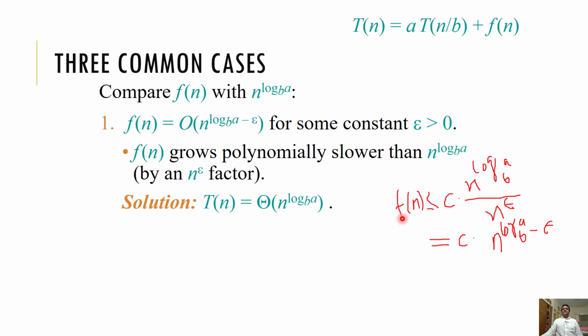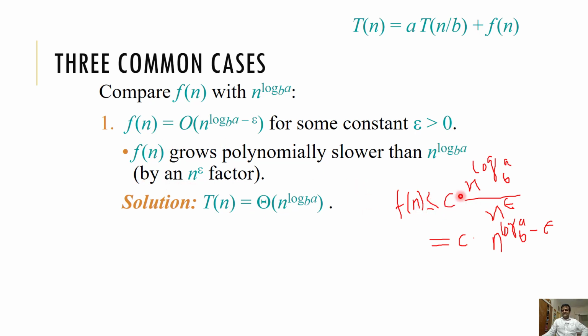So this is the first case. Fn is less, and we quantify this by saying Fn grows polynomially slower than n to the power log a base b. That means if we divide this by a polynomial factor n to the power epsilon, Fn is still less.